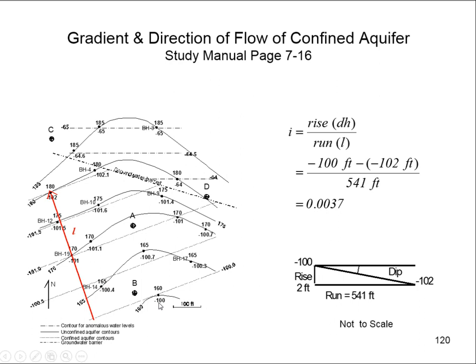The difference in elevation is minus 100 to minus 102, so we have 2 feet of elevation change, and a distance of 541 feet measured at the scale of the map. Whenever you do one of these, you want to take the longest run that you can across your map. And I like to divide out the units so that it is dimensionless.